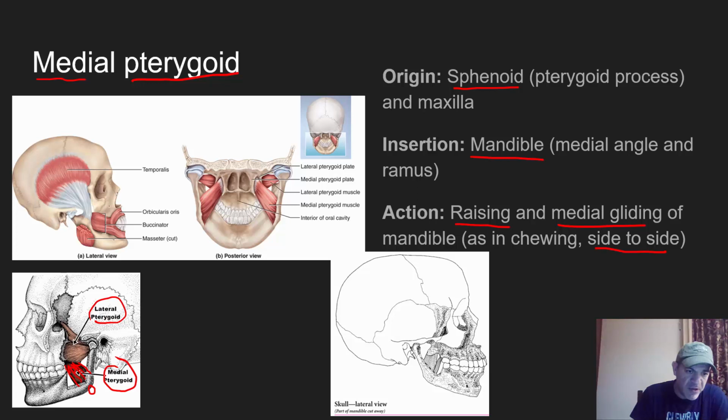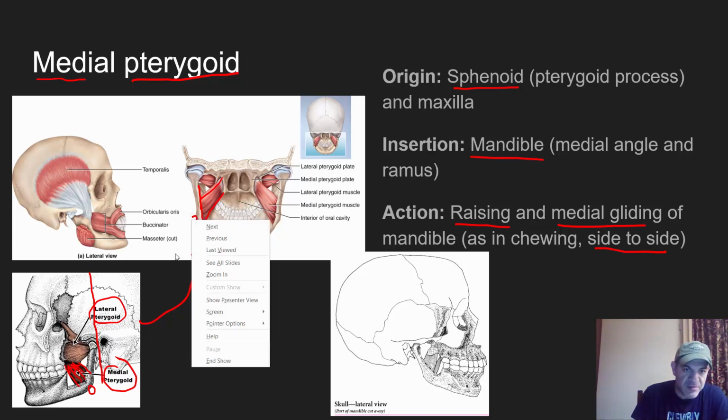But if we look at this muscle from another angle, from the back part of the head, as if we cut through the skull, removed the back part and looked at it from behind, we see this image here. This is the medial pterygoid right here. You can see that it's inserting on the inside of the mandible, the medial side, because the outside would be the lateral side of the mandible.